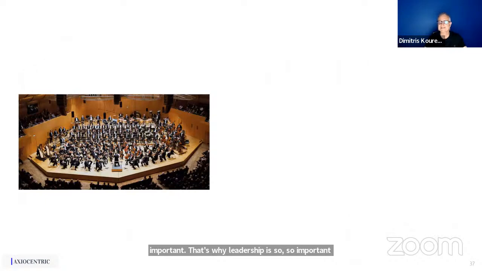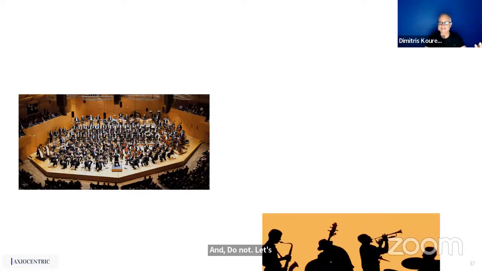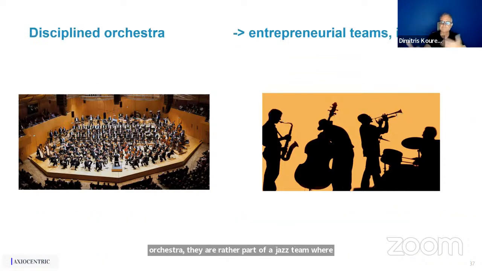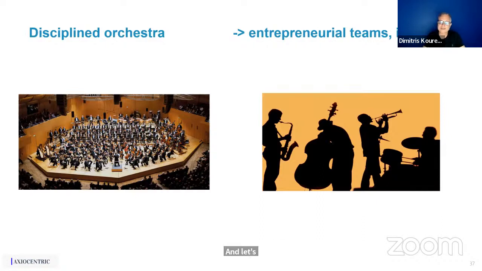And usually leaders are not, let's say, the maestros of an orchestra. They are rather part of a jazz team where everybody maybe plays different instruments over there, but still you want to hear something which is music rather than noise.